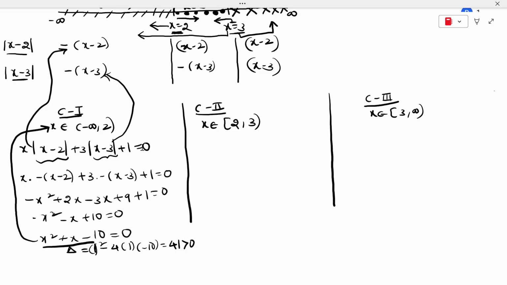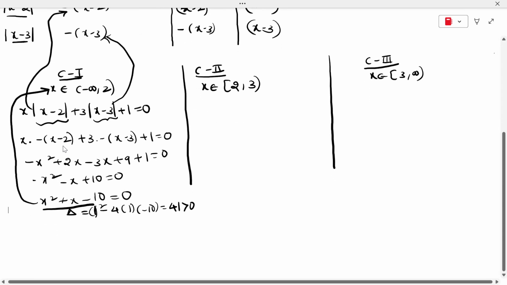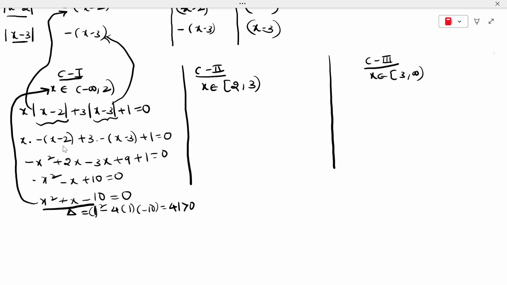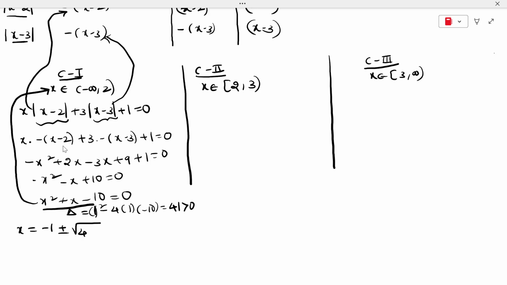So to understand if it is a valid root, first find the roots and find if it is in the correct x values of minus infinity to 2. Now the roots are x is equal to minus b, minus 1 plus or minus square root of b square minus 4ac, discriminant, by 2. I don't know what is the value of root 41, so I will approximate.